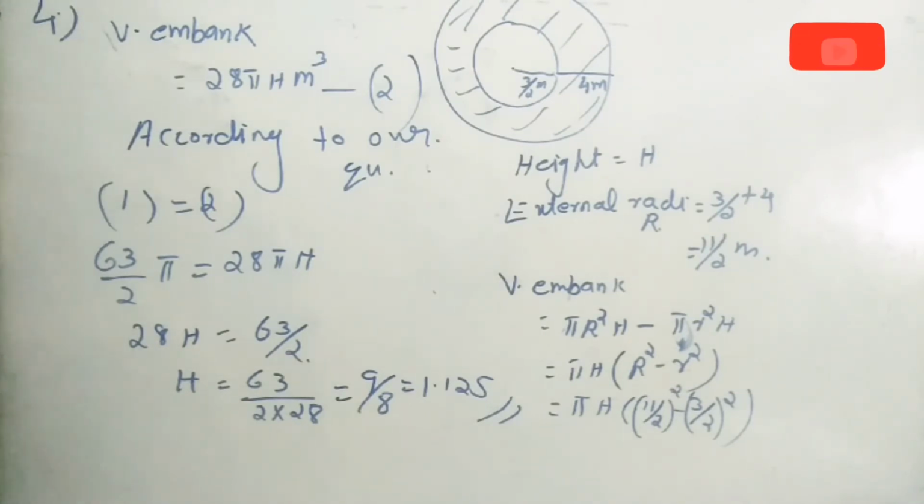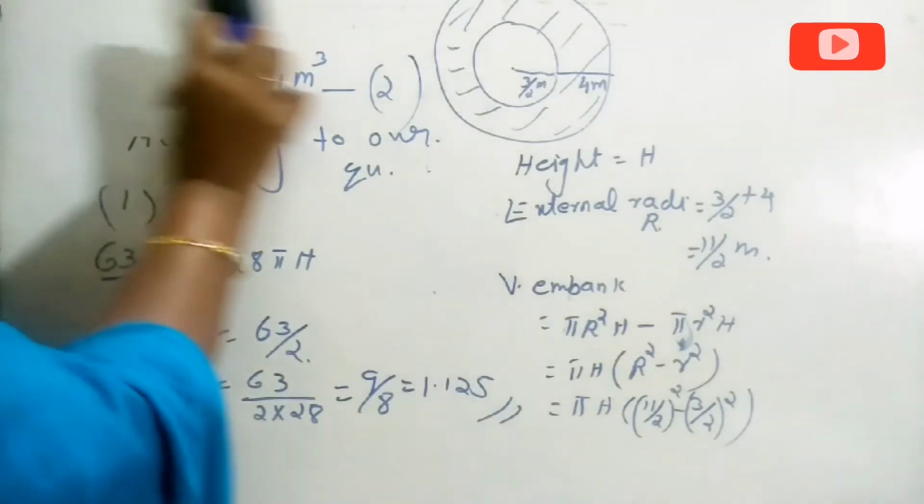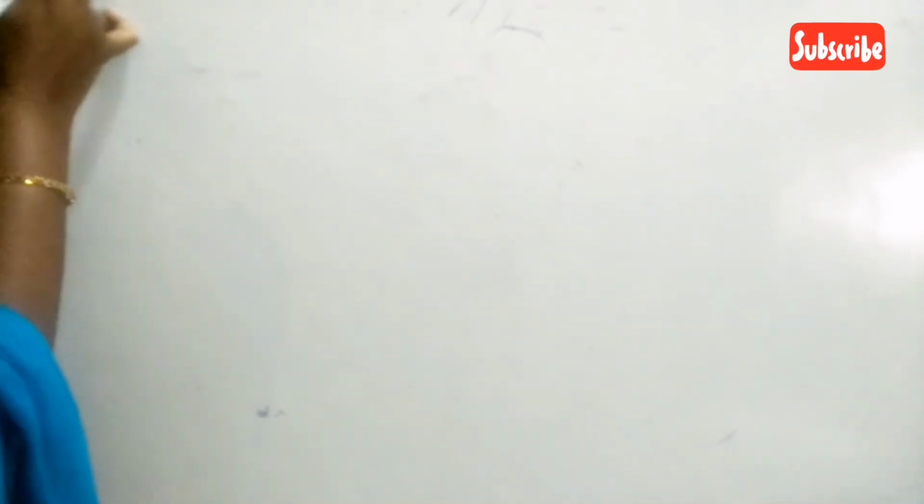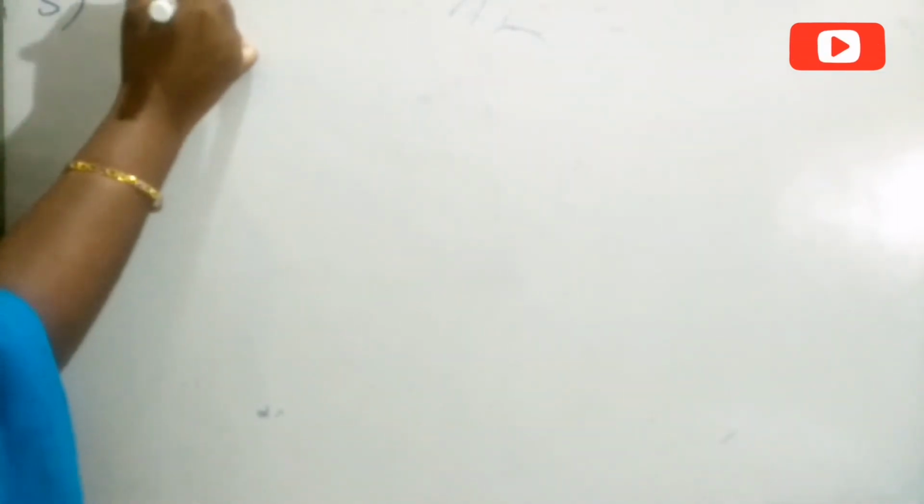Now the fifth question. A container shaped like a right circular cylinder has a diameter of 12 centimeter.